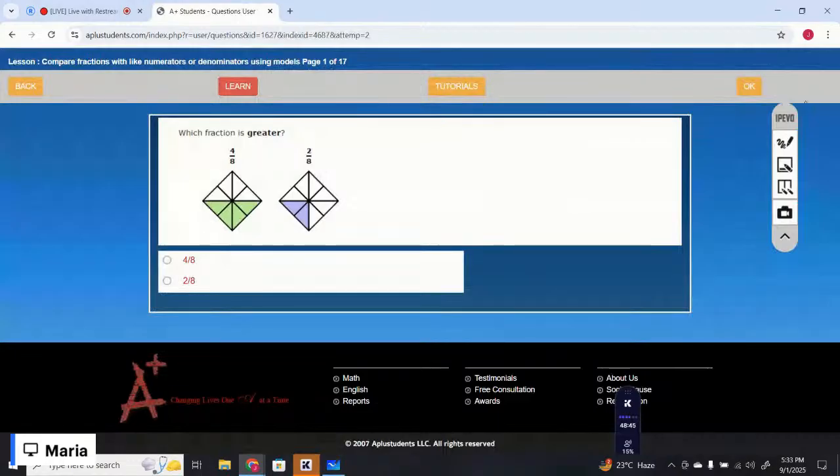Which fraction is greater? 4 out of 8 is greater than 2 out of 8. Option 1 is the correct option. That is 4 out of 8.